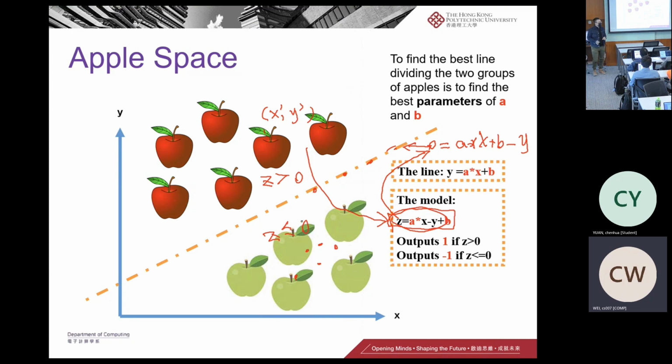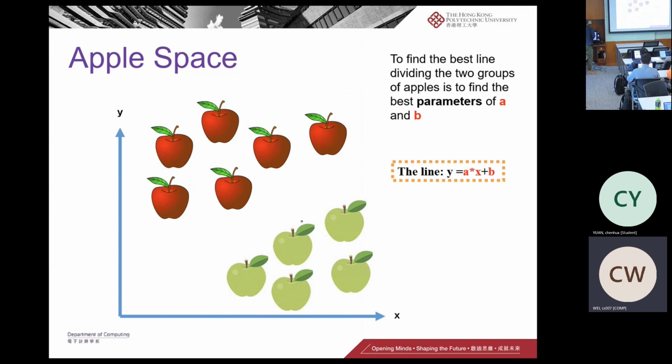So let's put it into a more general sense. That's something we already had last week. For any point in this feature space, you can calculate a z there as output, and you can do the classification based on the sign of that value as the output. So this is what we had last week.